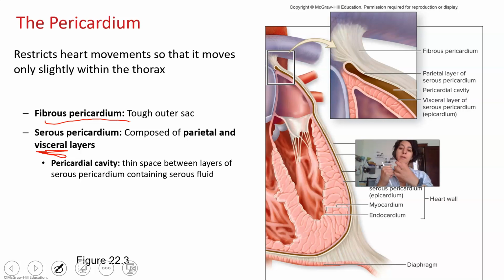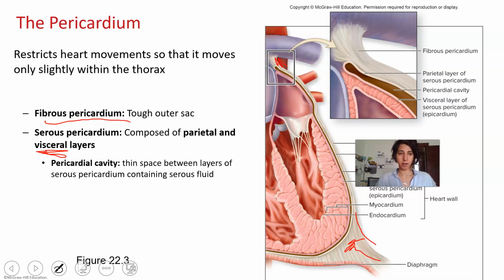Now, rather than have the heart bounce around within the thoracic cavity, we have a fibrous pericardium which functions to basically anchor the heart within the mediastinum. Okay, and it anchors the heart inferiorly right here to the diaphragm, and then superiorly to the base of the great vessels right here.